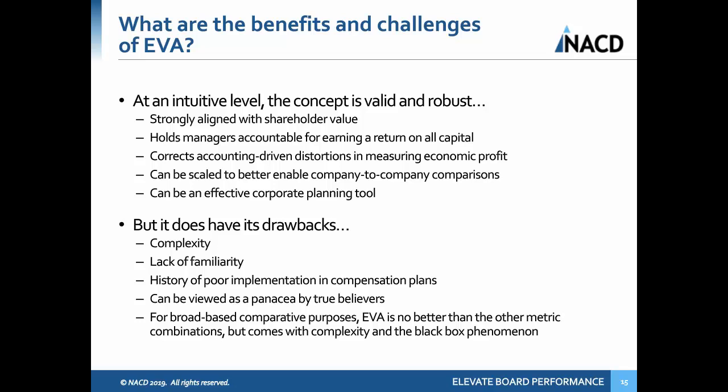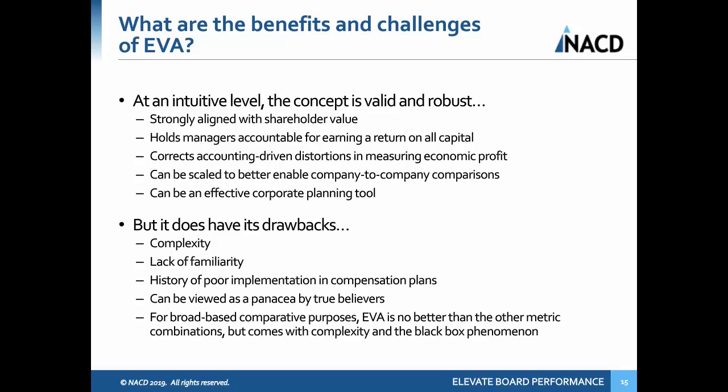That being said, there are clearly some drawbacks. And number one, if the eye chart of the adjustments to EVA wasn't enough, I'll point out that there is some complexity with EVA. It's a simple concept, but in terms of how it actually gets implemented, it can be quite complex. Number two, it lacks familiarity.